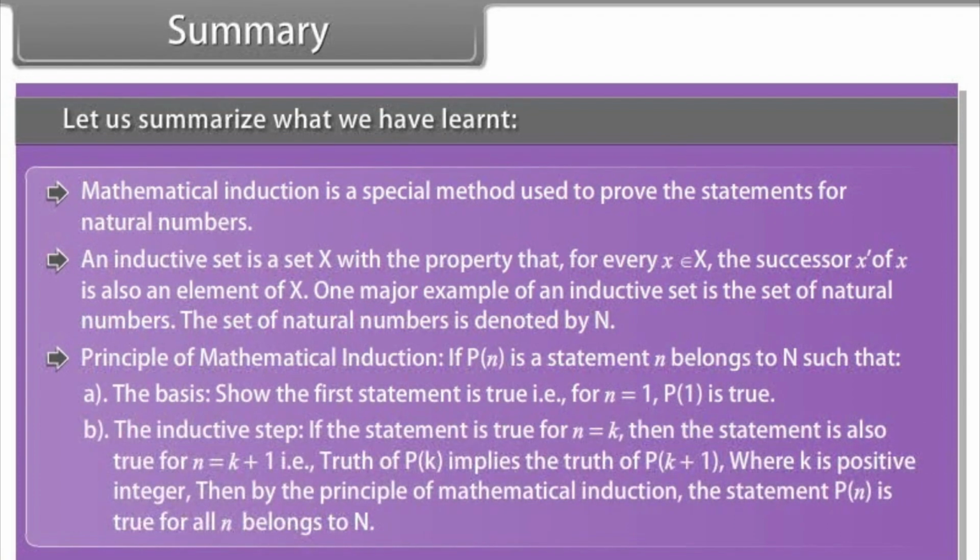The inductive step: if the statement is true for n = k, then the statement is also true for n = k + 1. That is, truth of P(k) implies the truth of P(k+1), where k is a positive integer. Then by the principle of mathematical induction, the statement P(n) is true for all n belongs to capital N.